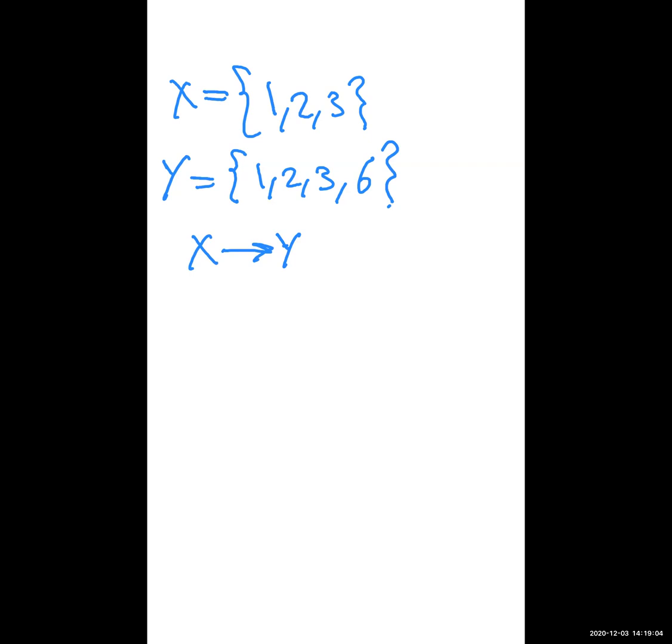Where A relation B means what's A and what's B?